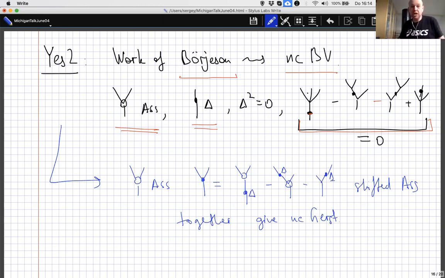Let's try to do exactly the same as what we did before to connect BV and Gerstenhaber. Let's try to construct a Gerstenhaber bracket using this definition of Borisson, right? So I take the associative algebra structure and I define a bracket, just commuting my operator delta with my associative product.